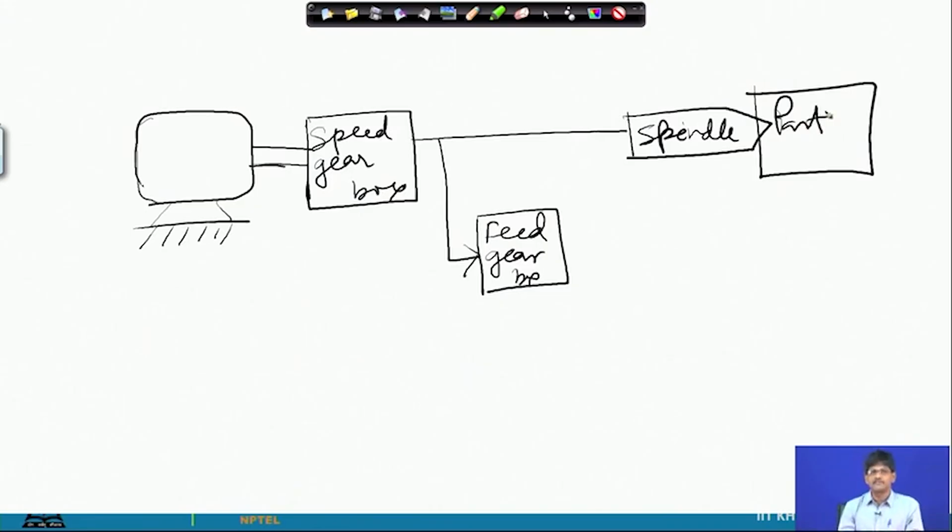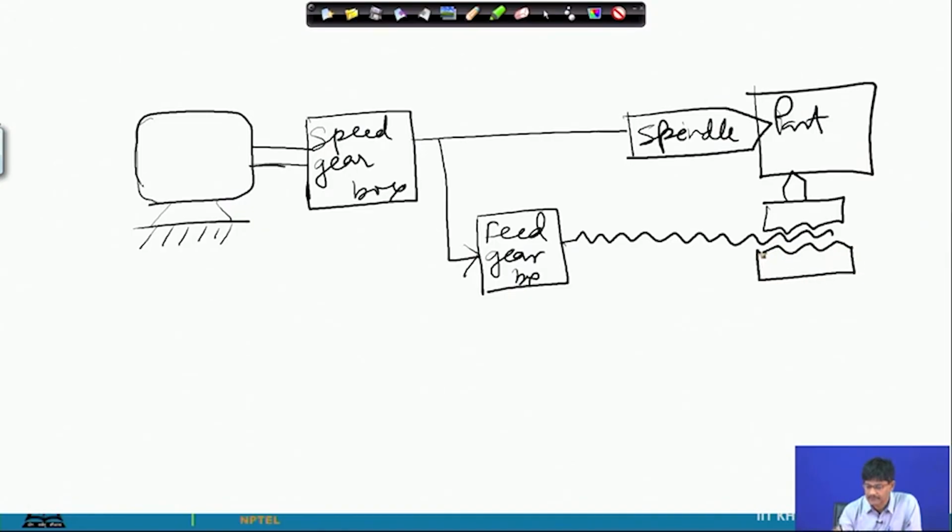Now, why do we choose this basic structure of the machine, I mean on the lathe? On this one I have a nut which I am calling the half nut, and on that is mounted the tool. So, this is called lead screw.